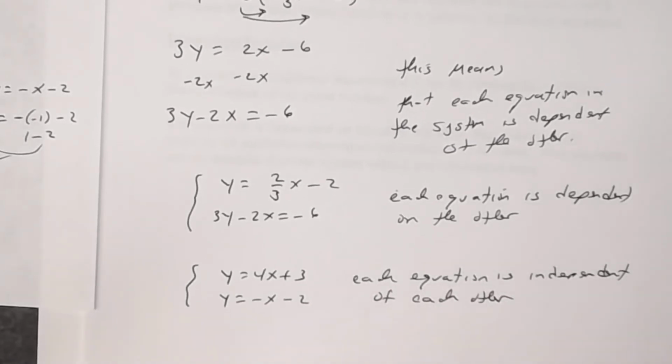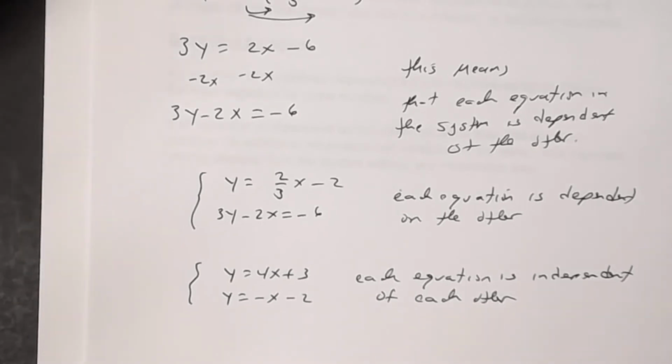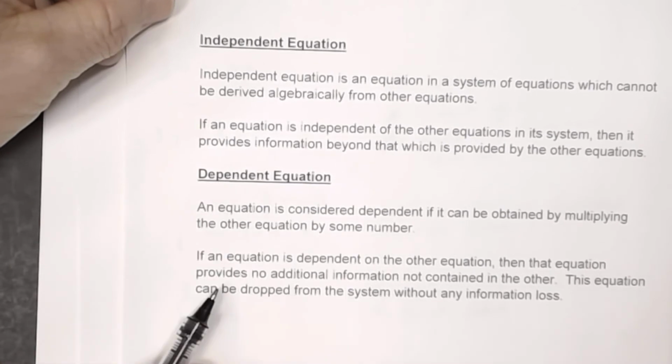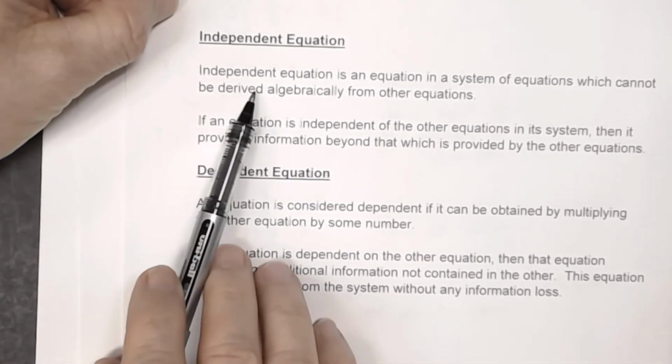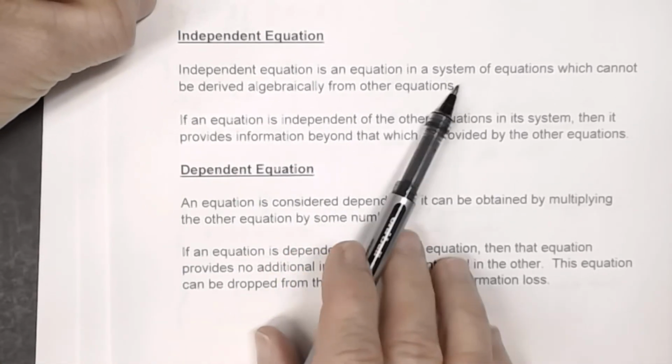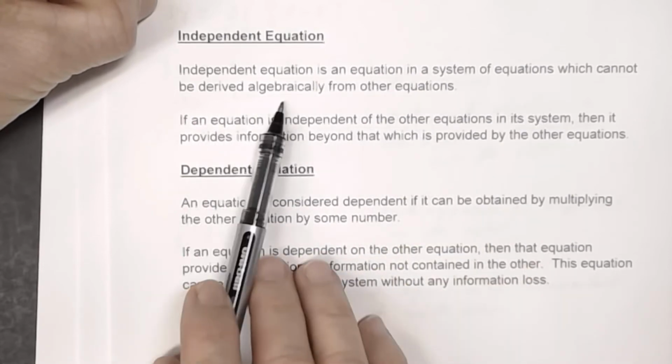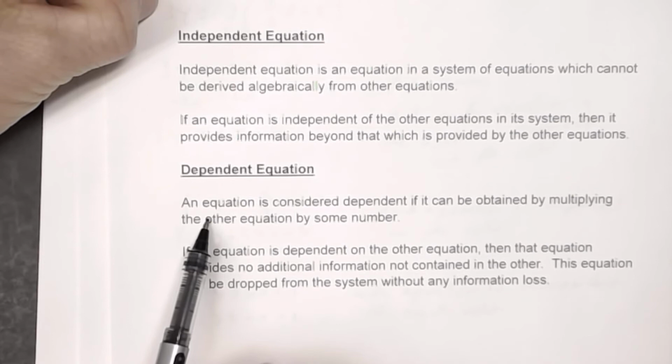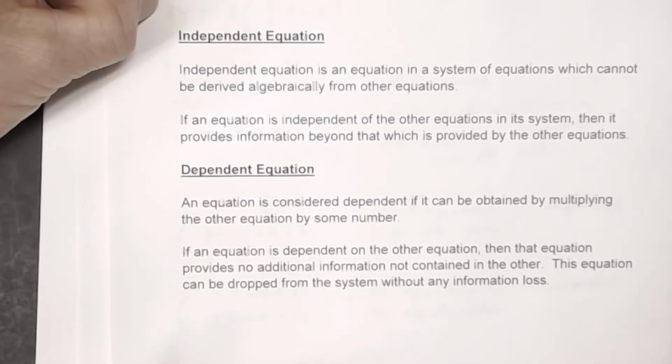All right. So the statement we had earlier here and here. An independent equation is an equation in a system which cannot be derived algebraically from the others. A dependent equation can be derived algebraically, meaning that you can multiply one equation by some number and get the other.